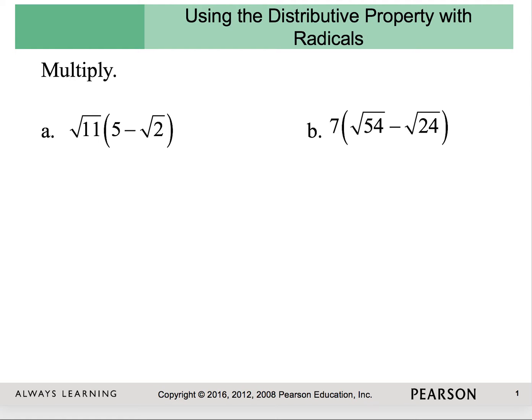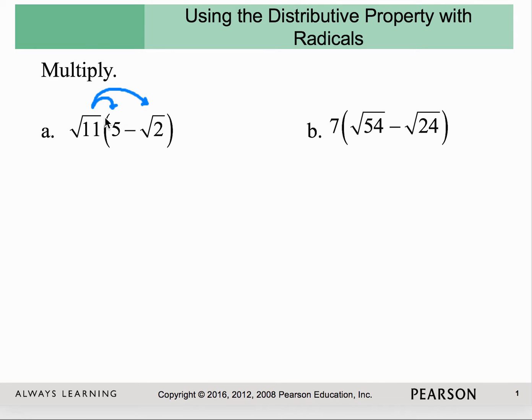Okay, now that we know about our product rule and quotient rule, we can talk about just multiplying and dividing radicals in general. So this is just using our distributive property, except the numbers might be radicals, but it's the same process.